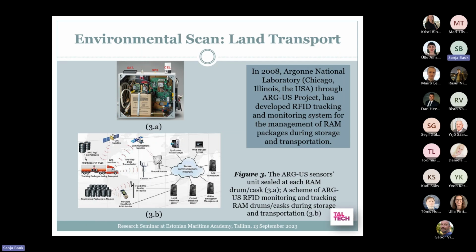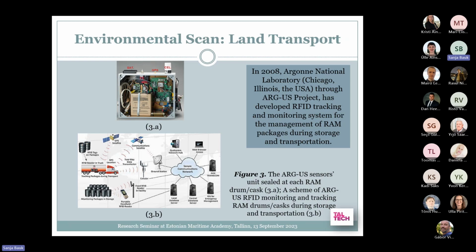And this project has developed and evolved nowadays into the Internet of Things and wideband technologies. However, at that time, it was revolutionary because each and every cask with container cargo should be tracked and traced remotely in close to real time.